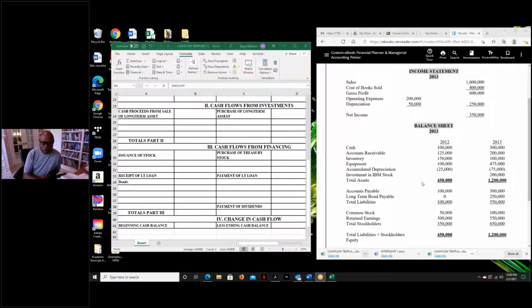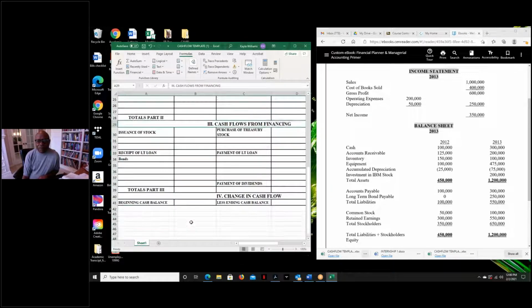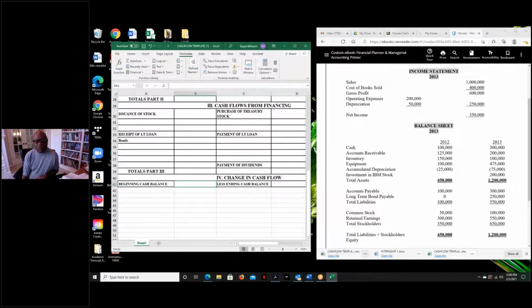Okay. So the beginning cash was 100,000, and then the ending cash was 300,000.